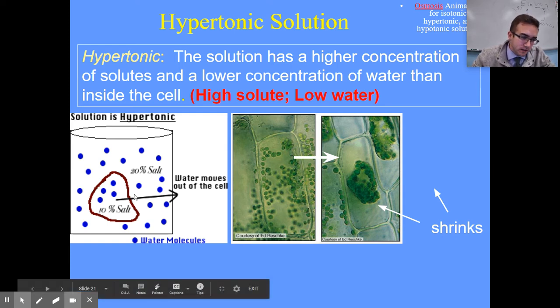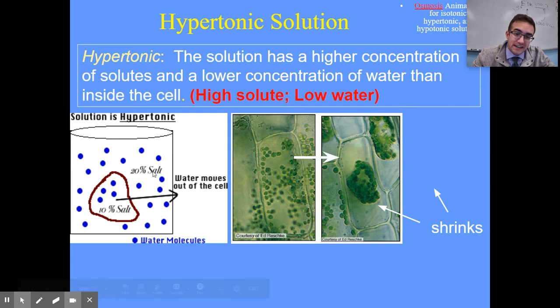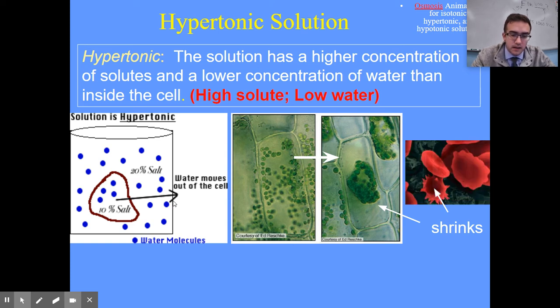So our salt water here, as we see, right, the surrounding solution has a higher concentration of salt than inside the cell. So there's more salt and less water outside the cell than inside the cell. So to rectify that, water is going to move outside the cell. And eventually, we can get so much that the cell's literally going to shrink.